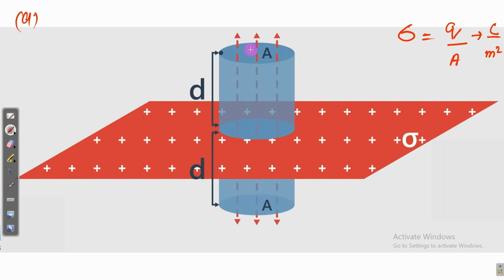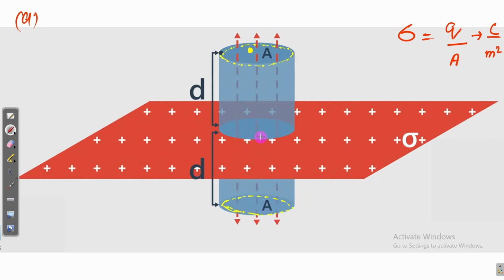And if we are asked to find the electric field intensity at this point, at distance d above this sheet, we have to draw an area around this point. So this is the area around that specific point, and at the same distance below this sheet, we have to draw the same area.